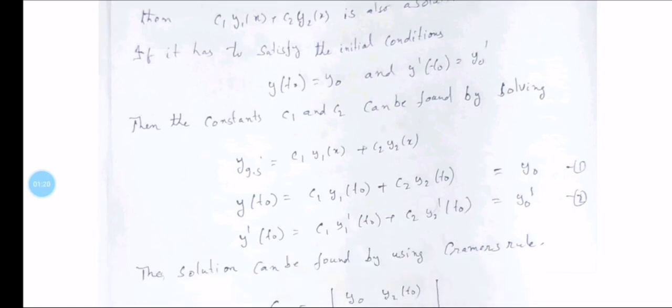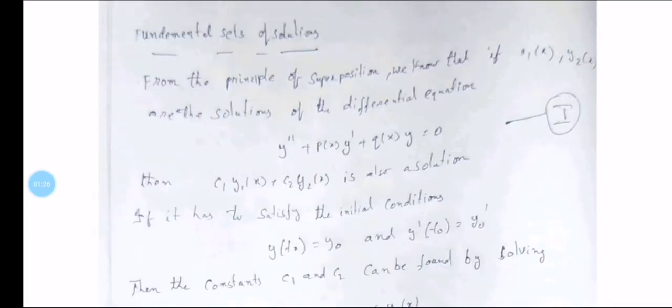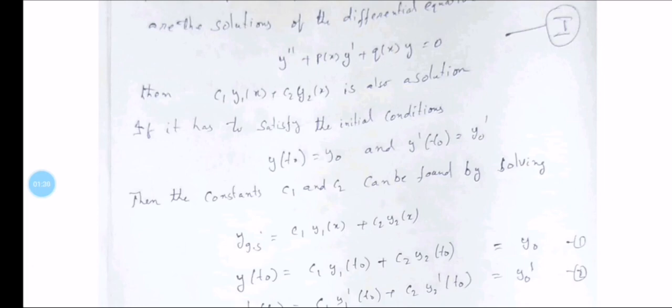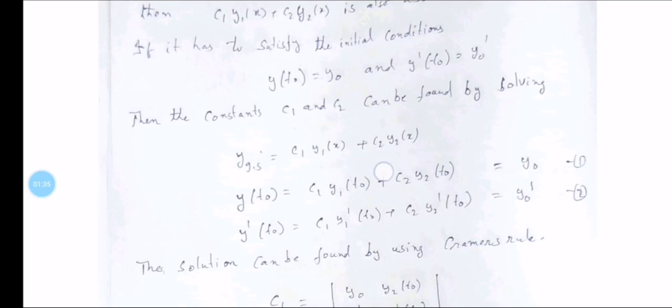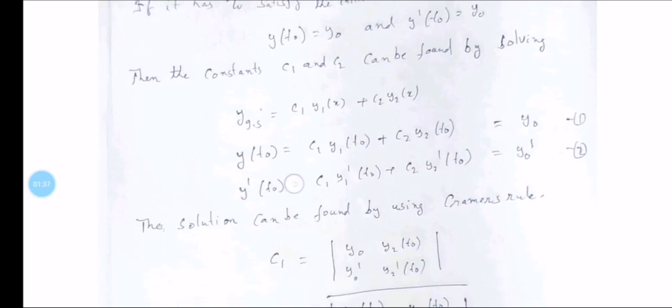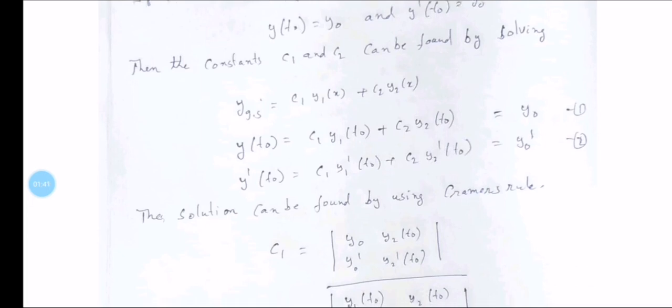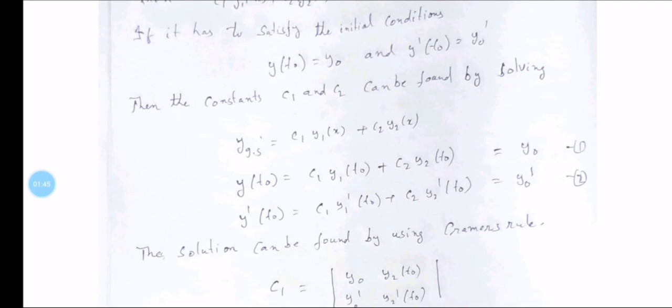So our general solution we consider as c1y1(x) + c2y2(x), because it is a homogeneous equation, so no particular integral will be there, only the complementary function. So y_gs is c1y1(x) + c2y2(x). So y(t0) = c1y1(t0) + c2y2(t0) = y0, because y(t0) = y0 is given.